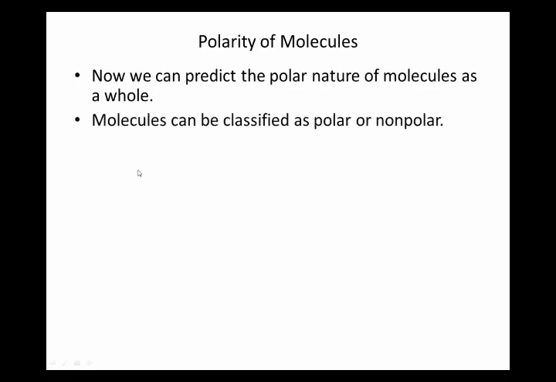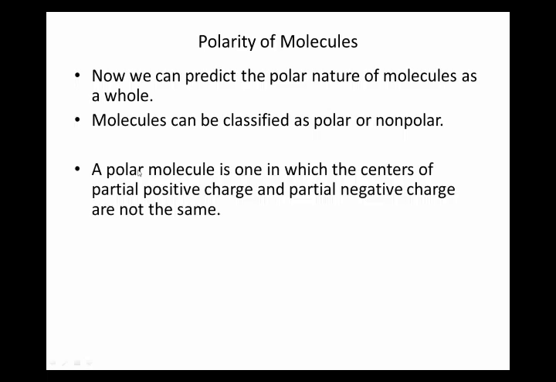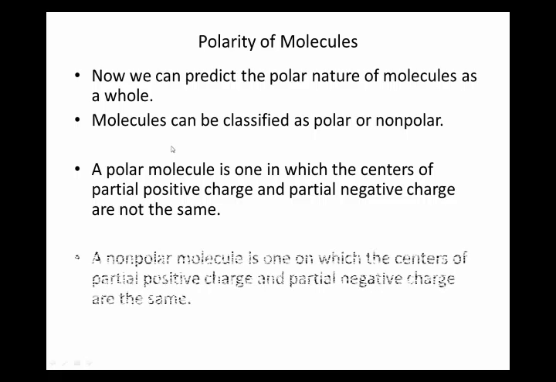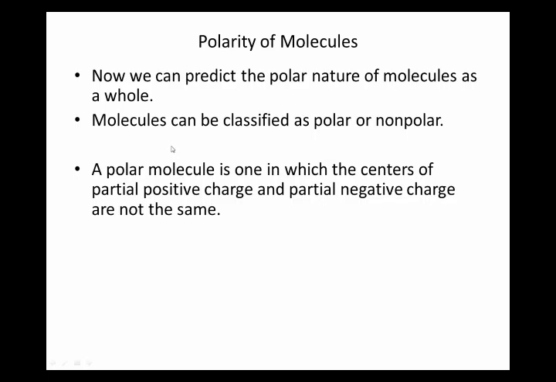So we can classify a molecule on the aggregate as polar or nonpolar, sort of like a bond, right? A polar molecule is where the centers of partial negative and partial positive charge are not the same. Another way to say it is where one end or one side of the molecule has a charge.